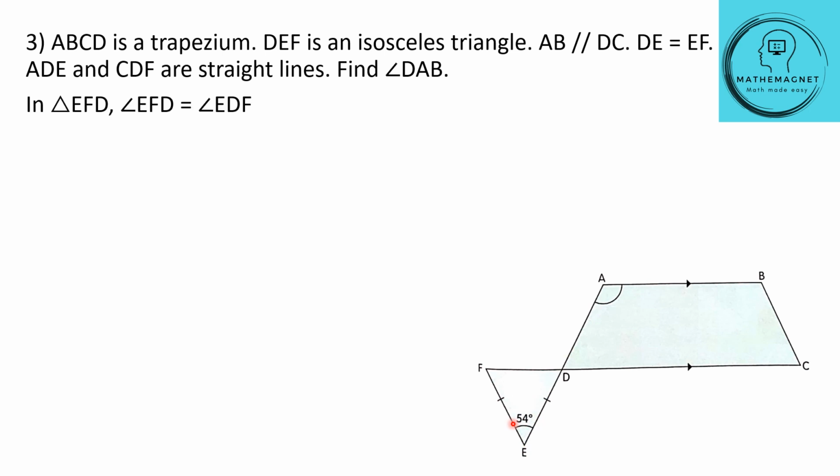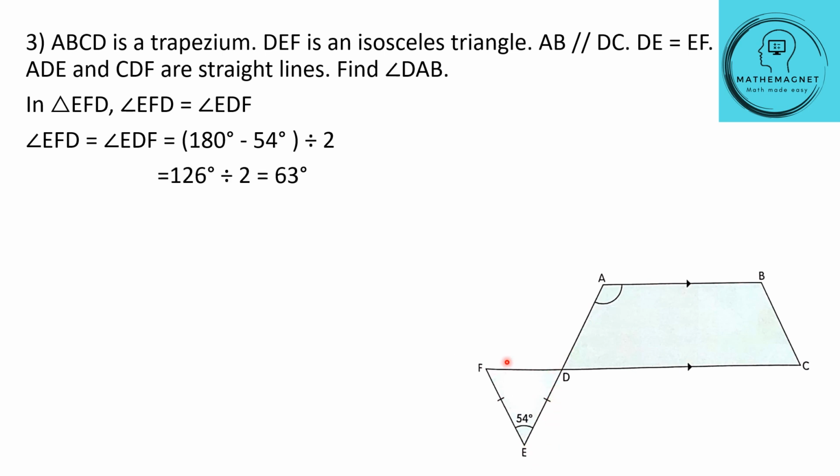So in triangle EFD, angle EFD will be equal to EDF. So angle EFD is equal to EDF is equal to (180 minus 54) divided by 2. I will get angle EDF, which is equal to 63 degrees.